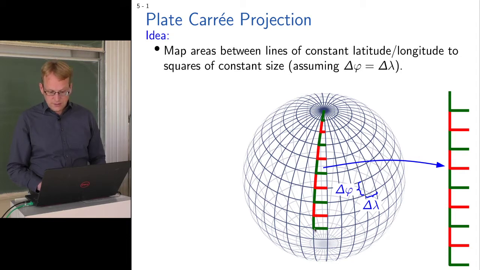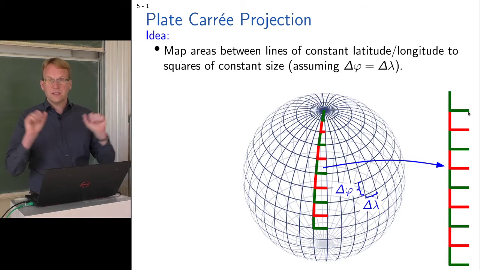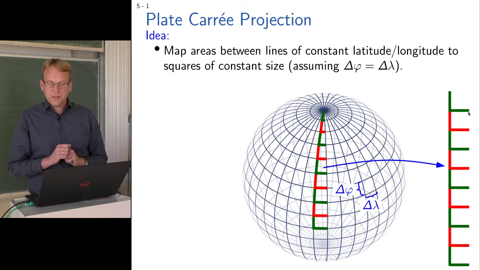However, if you look at these horizontal lines, this of course is longer than here, close to the North Pole. But still, in the map, we display them with the same horizontal length. And well, you can guess already that we have rather high distortion in terms of area, in particular close to the pole.